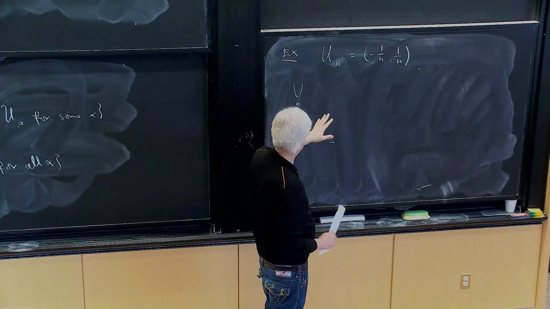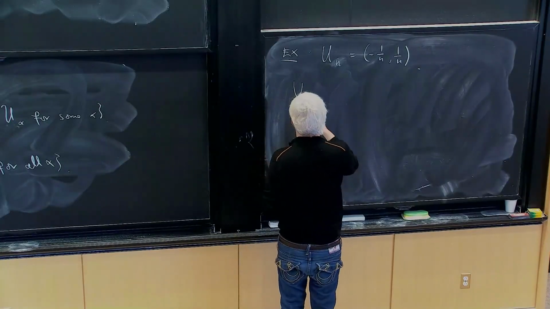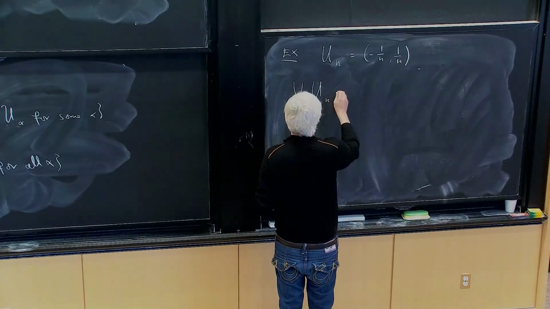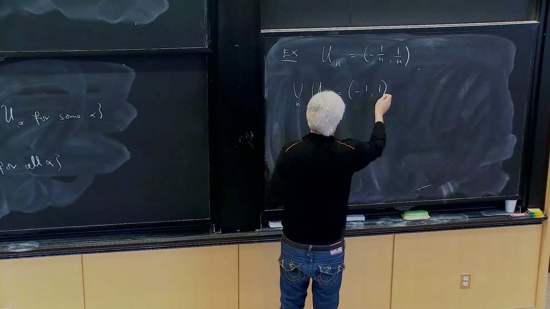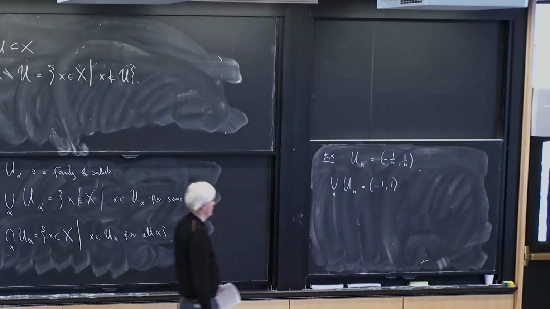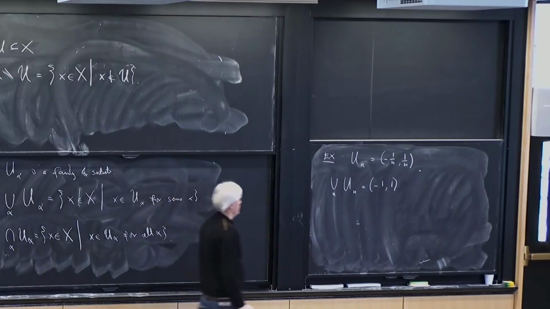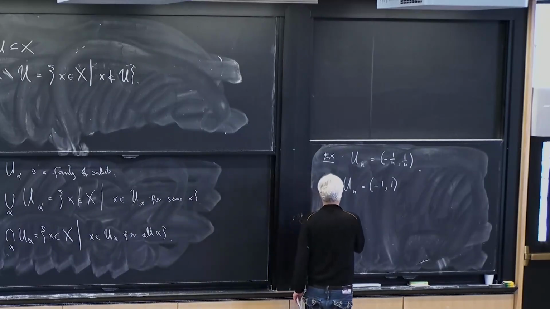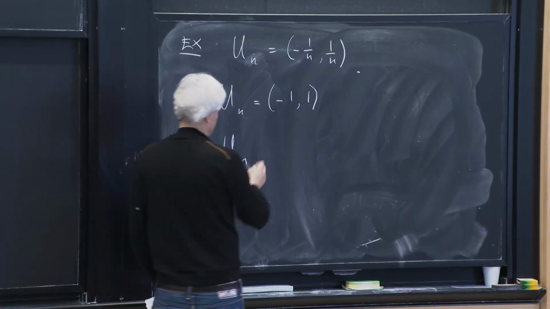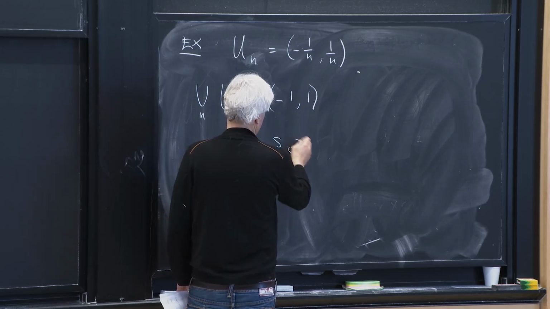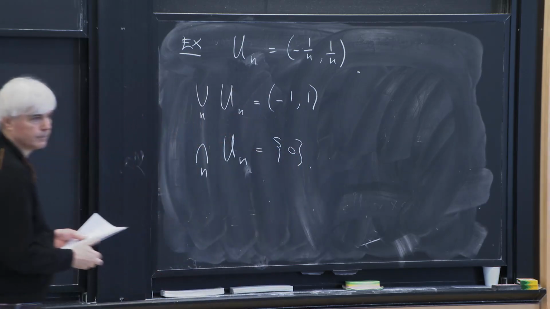The first one is the biggest one. So if you take the union of these, that just gives you the first one you started with. If you take the intersection of them, the only thing that is in all of these sets is the 0. Right. Okay.